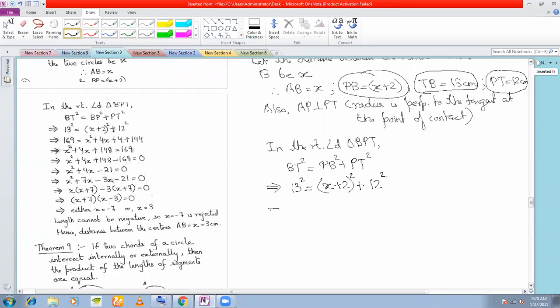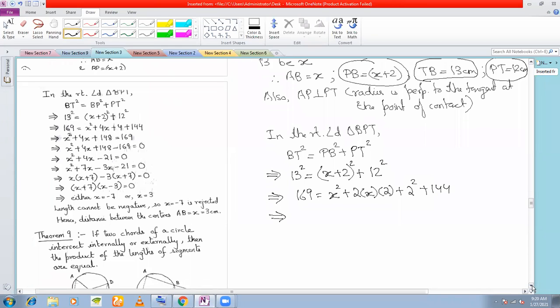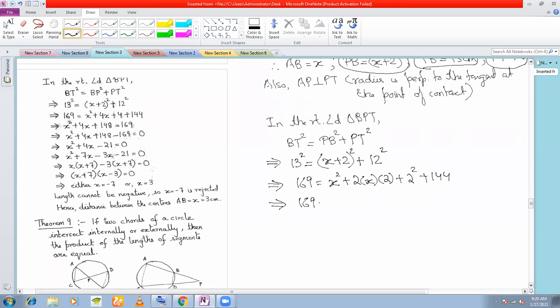That's it. I will solve this equation. So 169 is equal to, expand this by (a plus b) whole square, a square plus 2ab plus b square, plus 12 square is 144. Yes, 169 is equal to x square plus 4x plus 4 plus 144. Means 169 is equal to x square plus 4x plus 148.